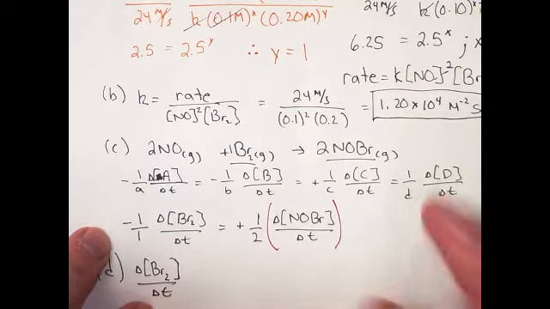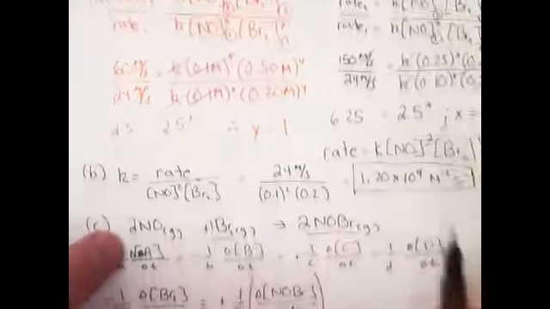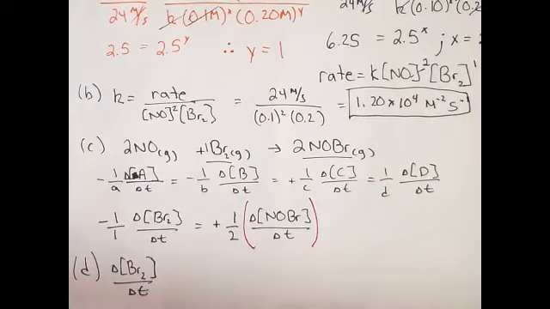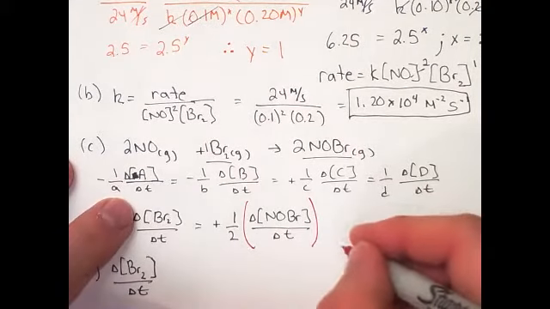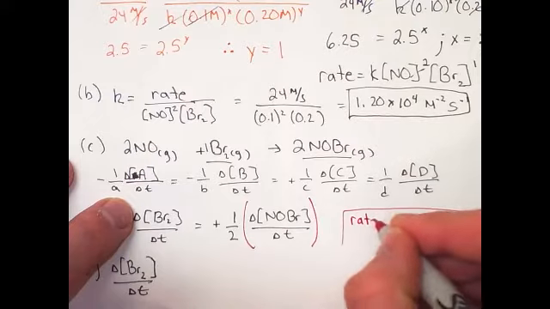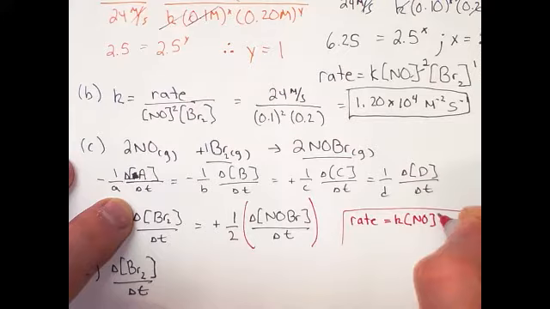Now, it's giving us a concentration of NO and a concentration of Br2. So I'm just going to switch over to colors because we need to solve for something first. Let me use this little space up here. We need to actually solve for the rate with those concentrations. So I'm going to write out my rate law.